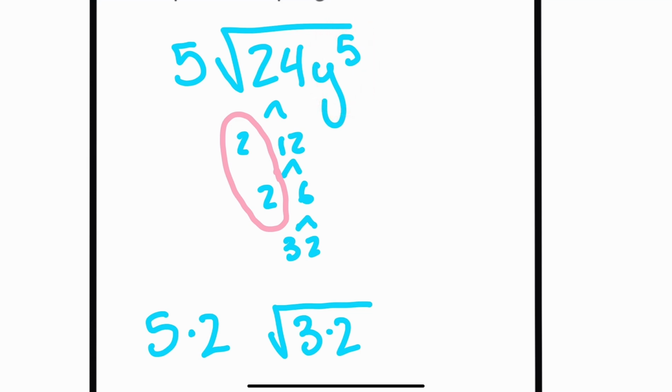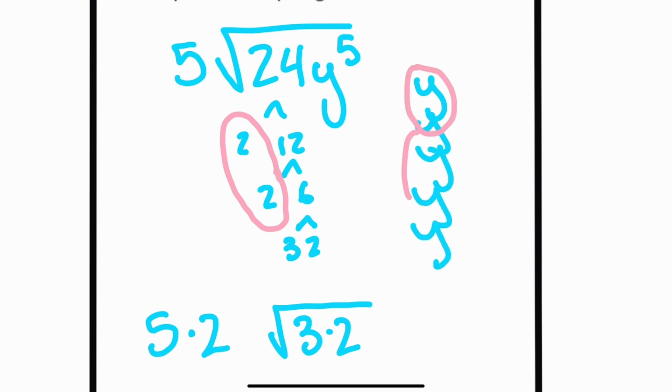I have y to the 5th power here, so I'm going to draw out 5 y's. I'm looking for pairs here. I see I have 2 pairs with 1 left over. So since I have 2 circles of y's, I got 2 y's, or y squared. And the extra one is going to stay inside.